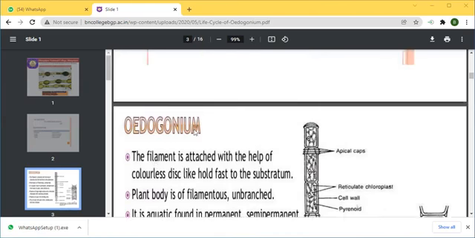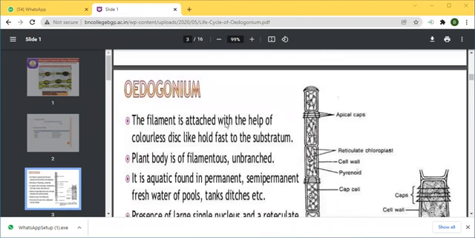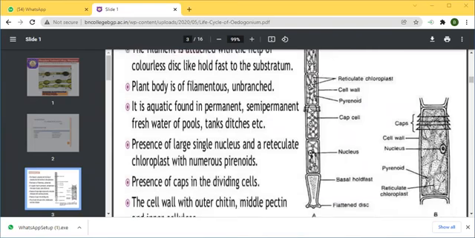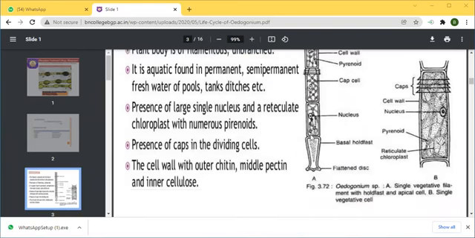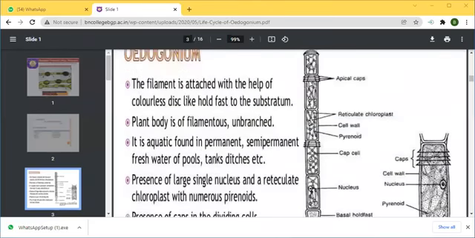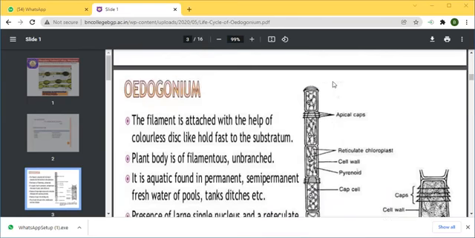In Oedogonium, the filament plant body is attached with the help of a colorless disc-like holdfast to the substratum. This total plant body is called filamentous. In this filamentous body, multicellular structure is there.